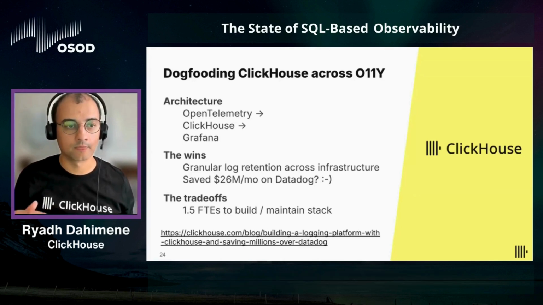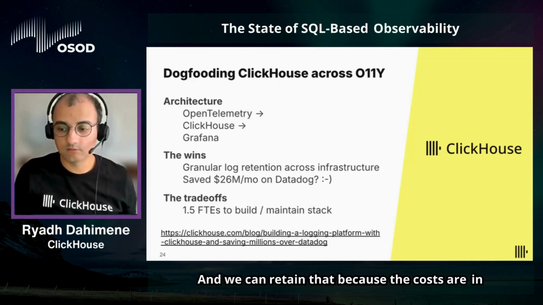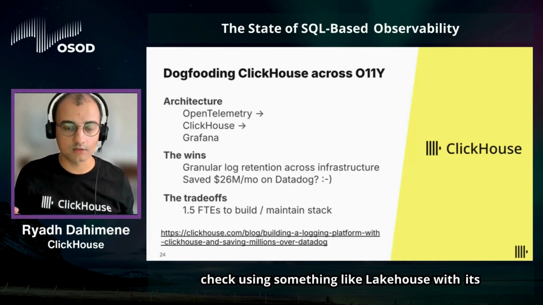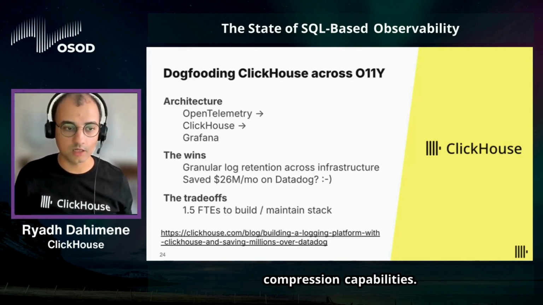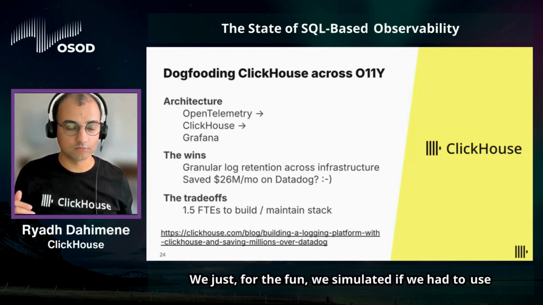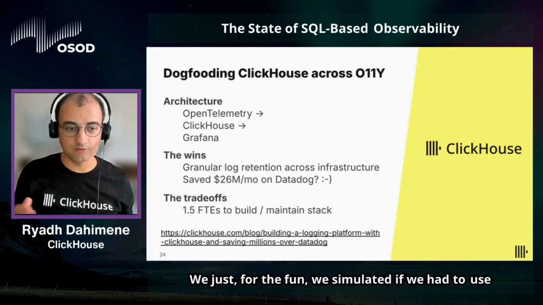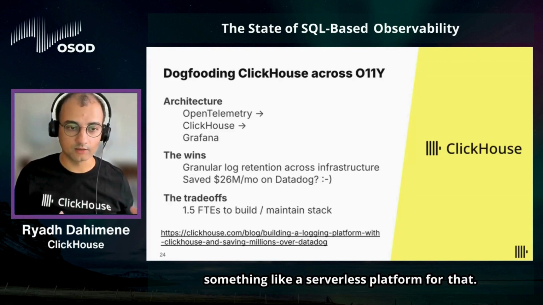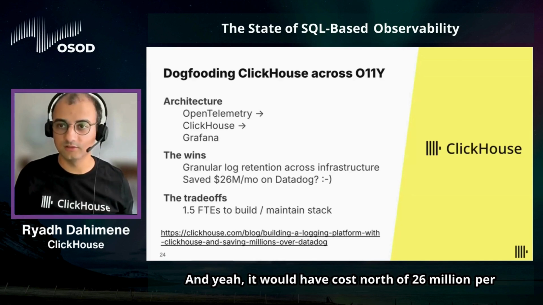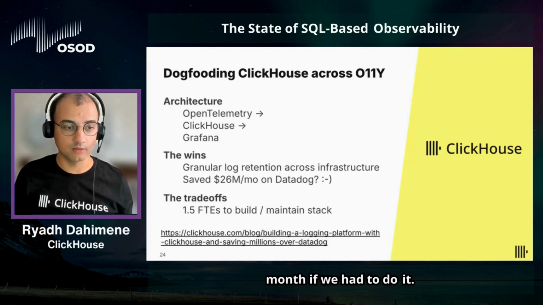And we can retain that because the costs are in check using something like ClickHouse with its compression capabilities. Just for the fun, we simulated if we had to use something like a serverless platform for that. And yeah, it would have cost north of 26 million per month.